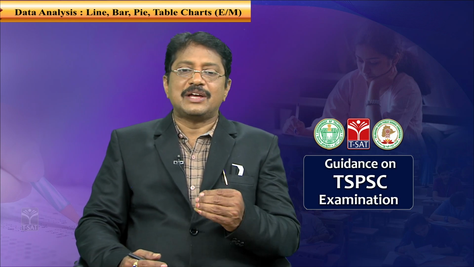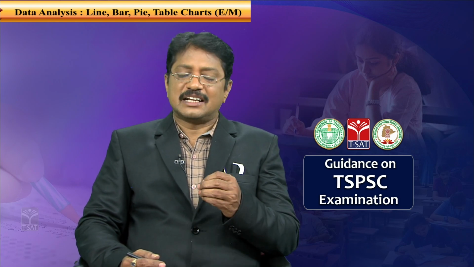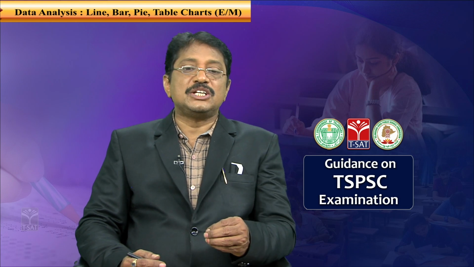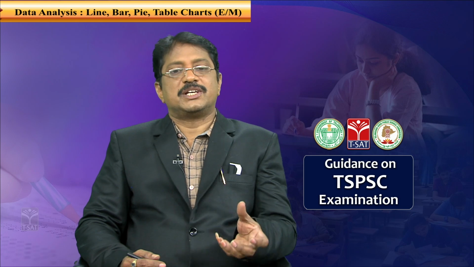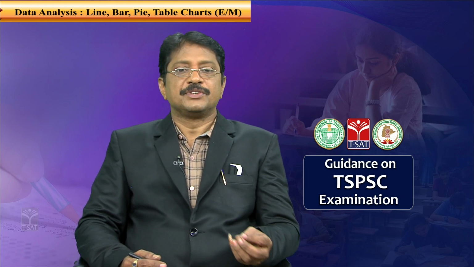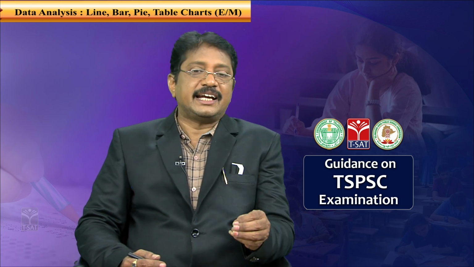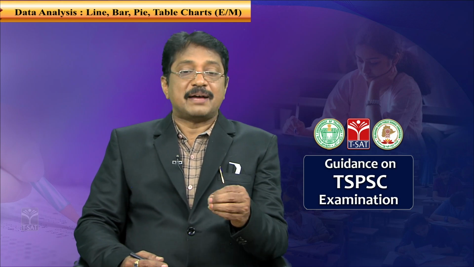In the data we use one more word called range. Range means the difference between the highest value minus the lowest value, maximum minus minimum, simply you can say it. For example, in the data 5 is the minimum value, 95 is the maximum value.